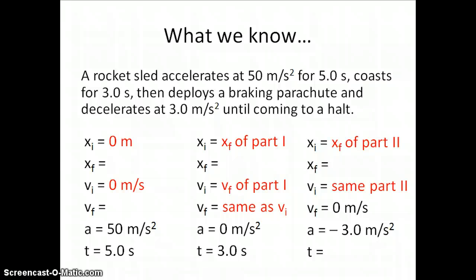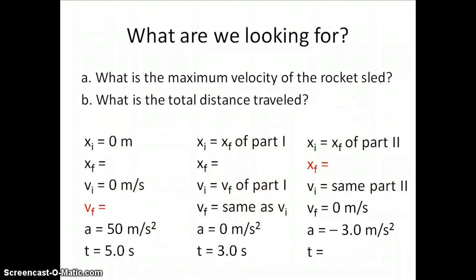Wonderful. Now, what are we going to ask ourselves is, what are we looking for? So in part A, it asks what the maximum velocity of the rocket sled is. Now you see here that I highlighted this one in red because we know it starts at 0, so we know that's not our maximum velocity, and it accelerates at 50 meters per second. So we have our final velocity here. Here, since there's no acceleration, we know these and this are the same as this, so that's all the same.